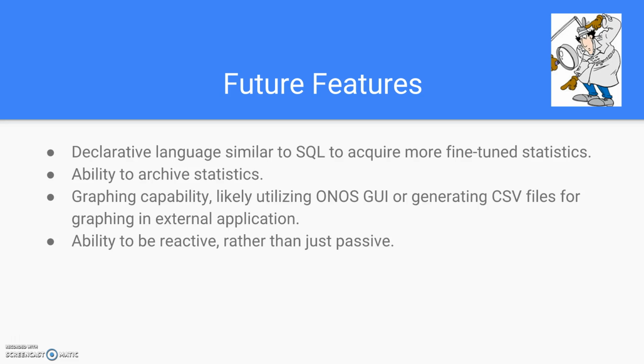You can either generate CSV files for external application, or you can utilize the ONOS GUI to do that. And lastly, there's potential for Inspector to be reactive, not only just passive observing, but being able to set policies based on what it sees. So that is pretty much Inspector.